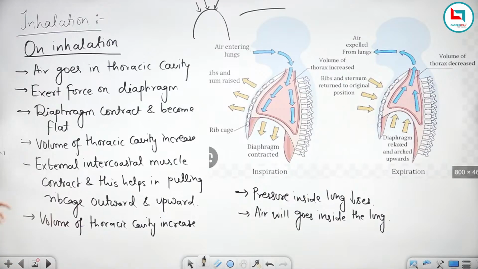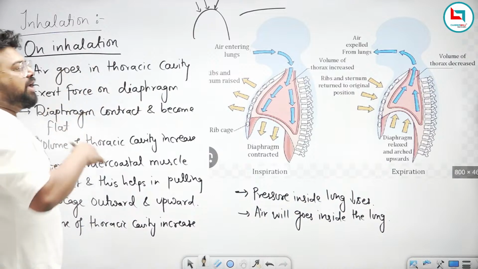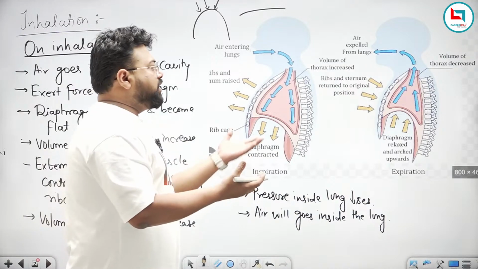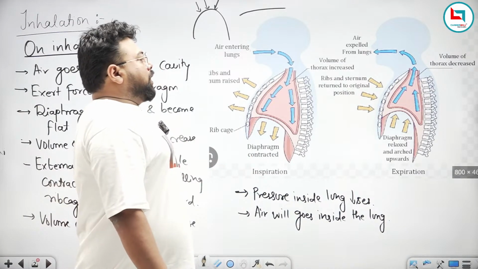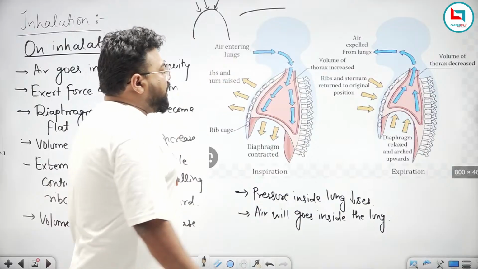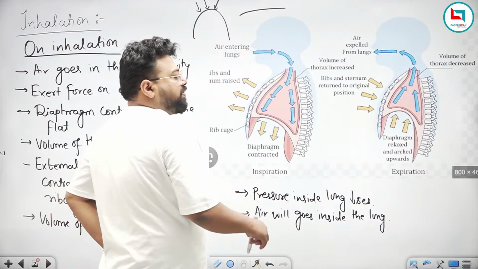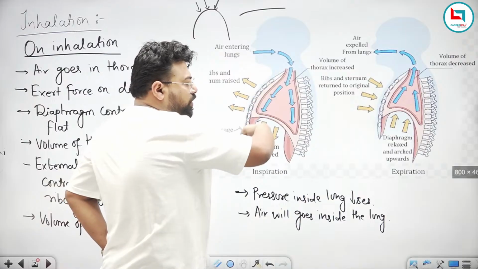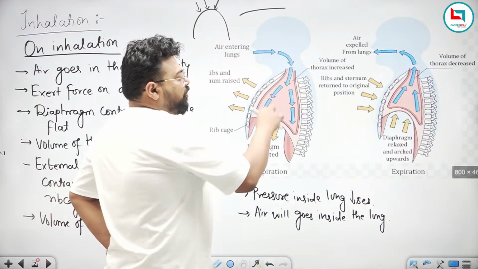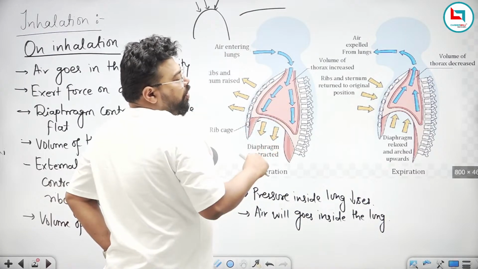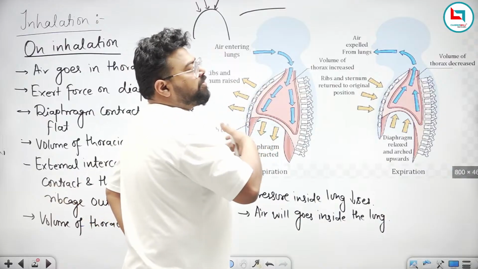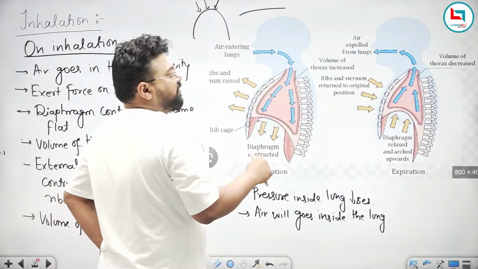So again, what is happening when we are inhaling the air? When we are inhaling the air, this air exerts pressure over this muscular flap-like structure known as the diaphragm, due to which it contracts and becomes flat. So the volume of the thoracic cavity, meaning the chest cavity, increases.